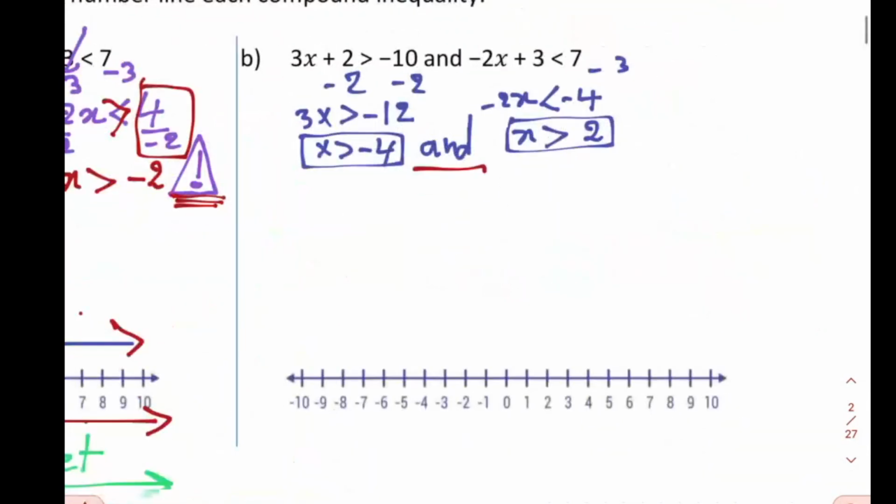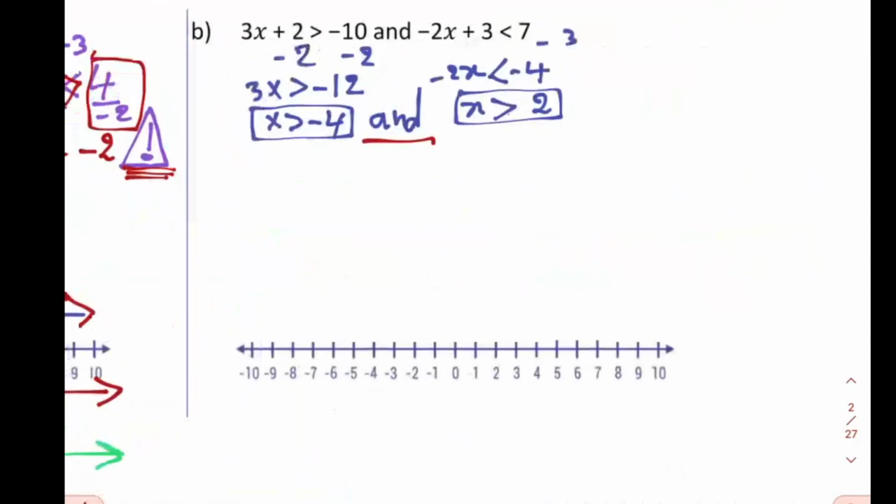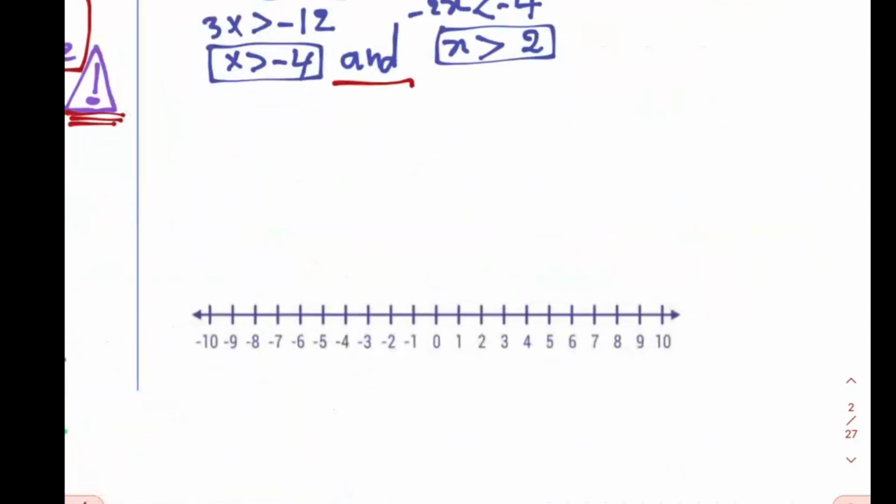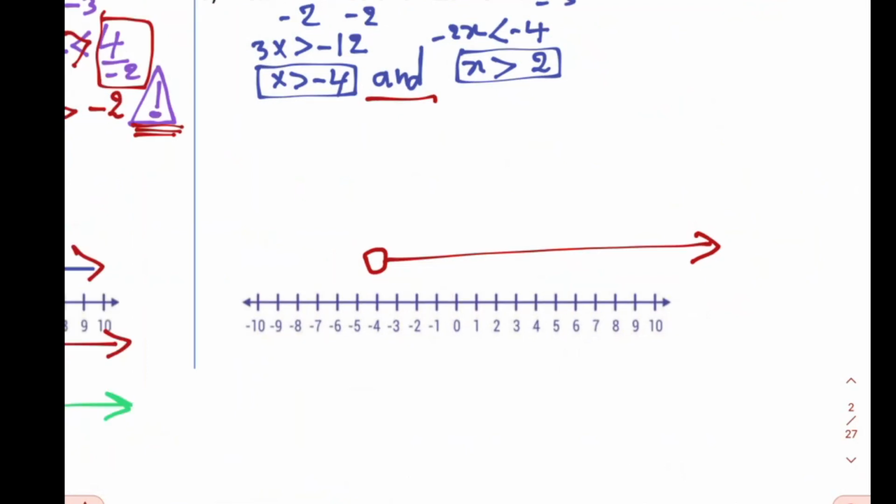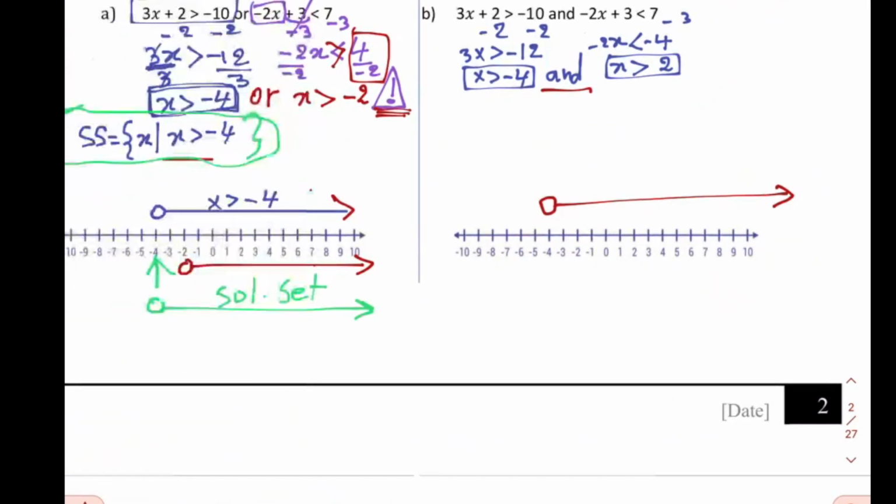Let's see how to show the solution in this case. We know that x more than negative 4, at negative 4, we go to the right.